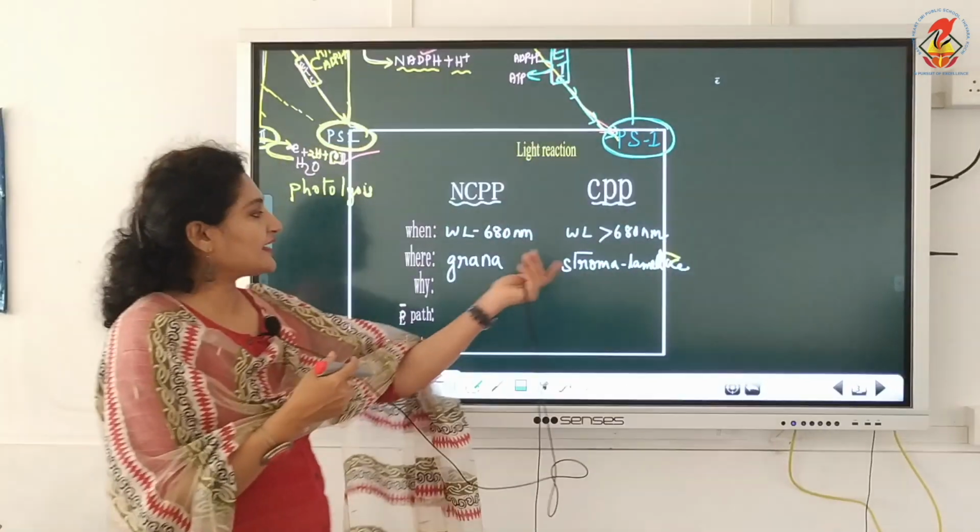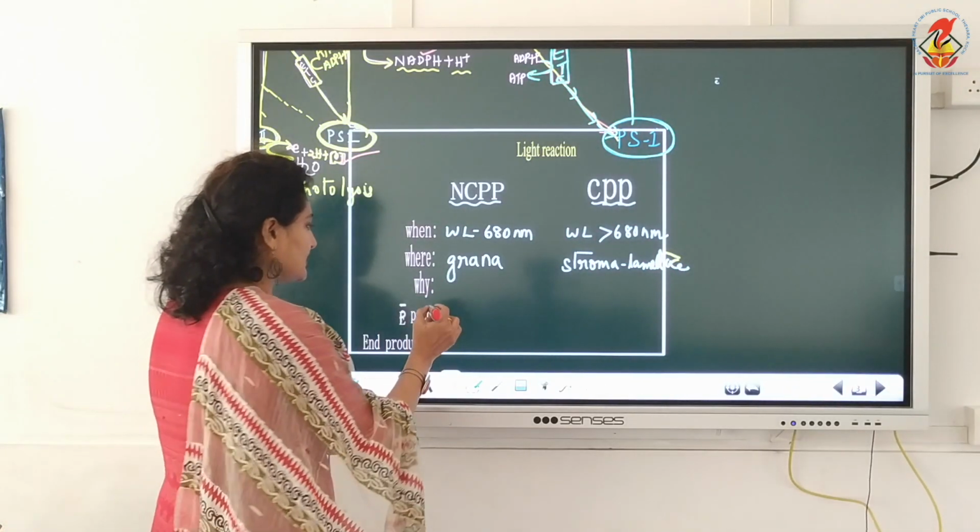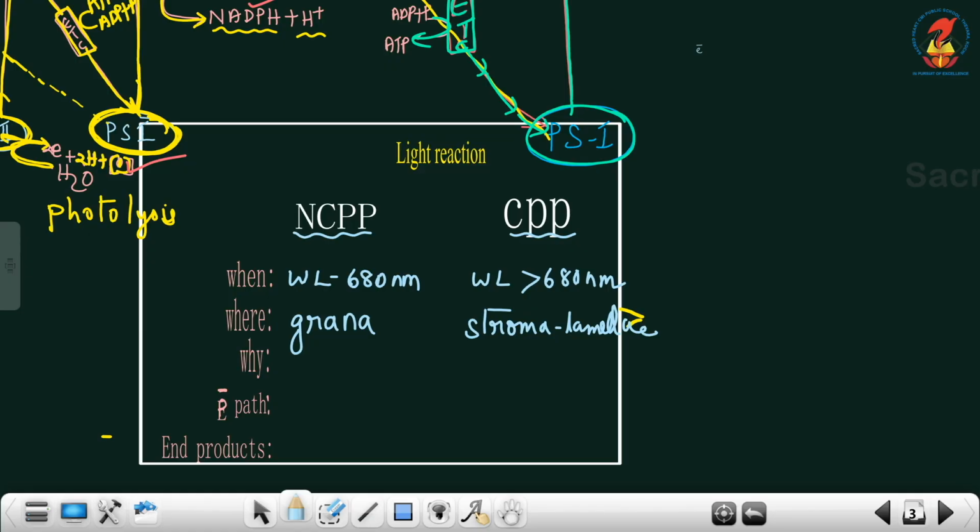Why couldn't it operate there also in grana? The reason is that the grana membrane consists of what is absent here. The membrane consists of all the photosystems, photosystem 1, photosystem 2 and an enzyme which helps in the reduction to NADPH. That is, the enzyme is NADP reductase enzyme.